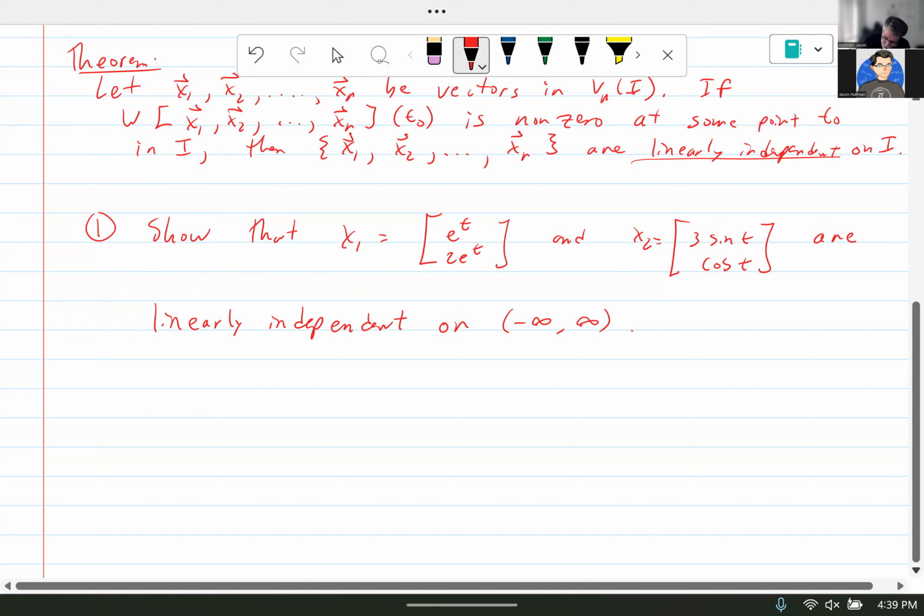So let's look at the Wronskian of this. The Wronskian of x1, x2 is equal to the determinant of e to the t, 2e to the t, 3 sine t, cosine t.